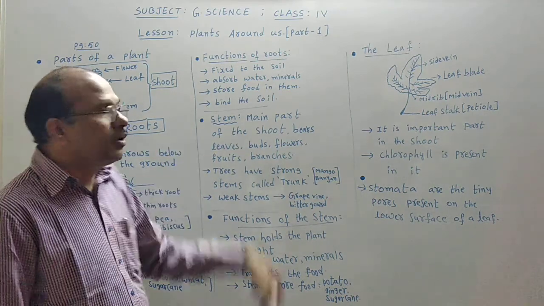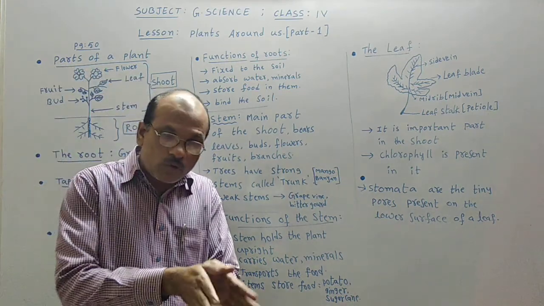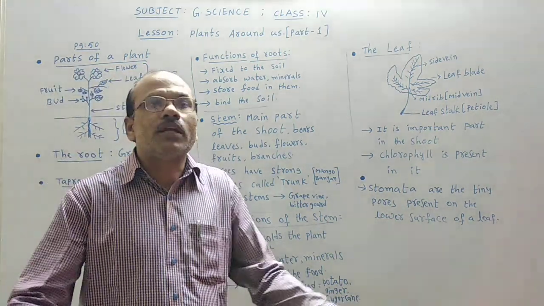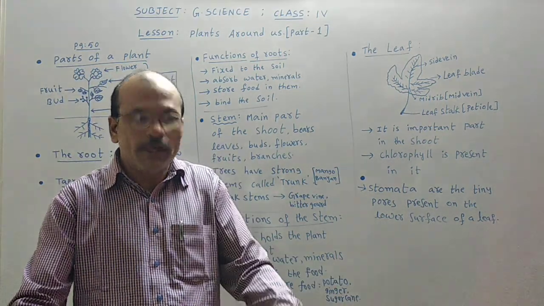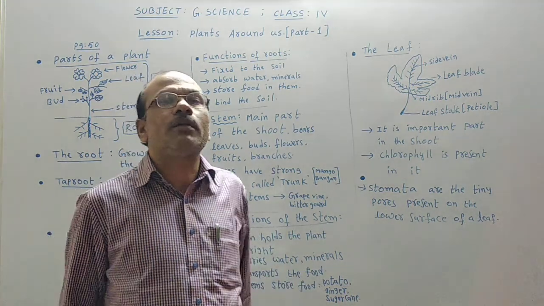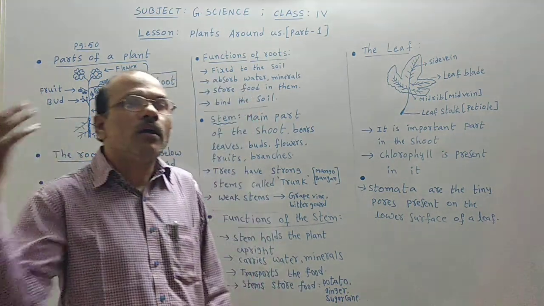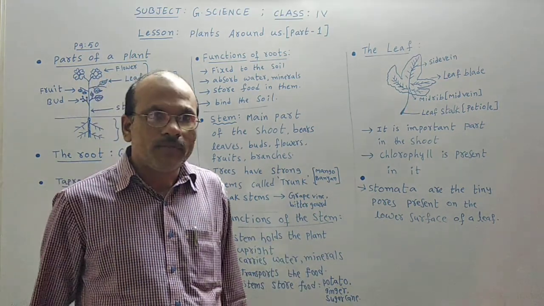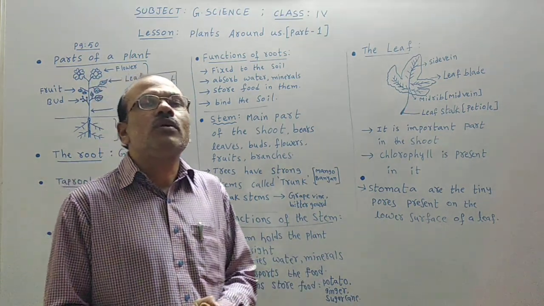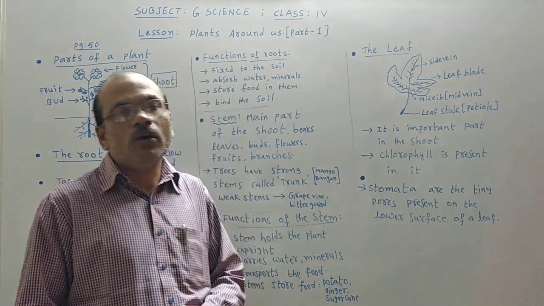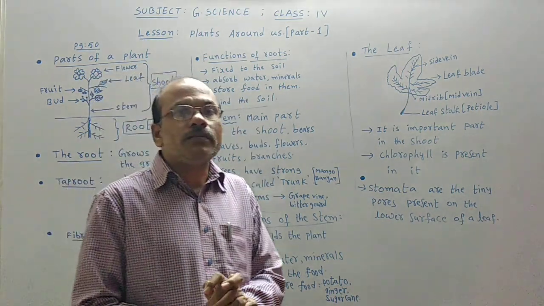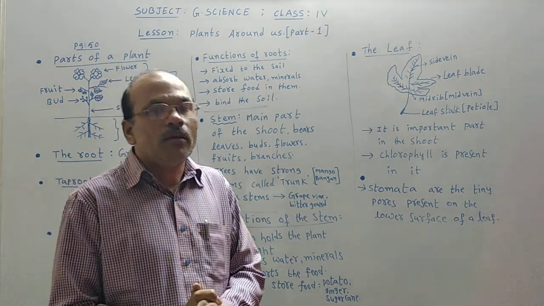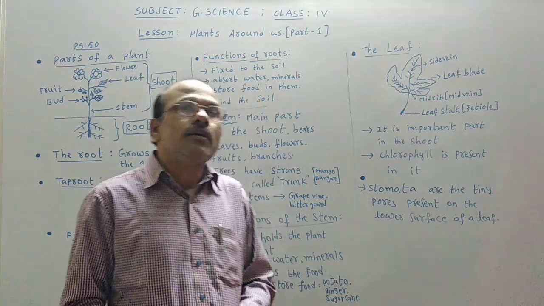Okay, then bind the soil. When roots grow in different directions inside the soil, the soil will be bound by these roots and will not be washed away, though rain or any water flow is going on over it. That means it is one type of saving. The soil will be in good condition because it is bound.